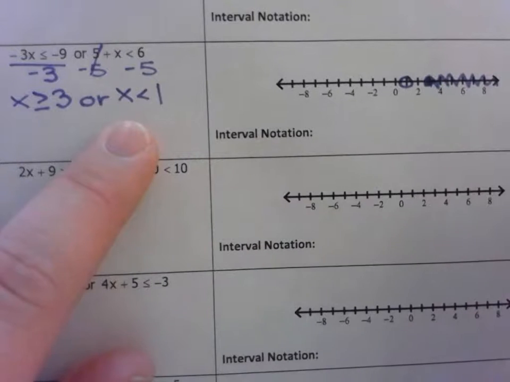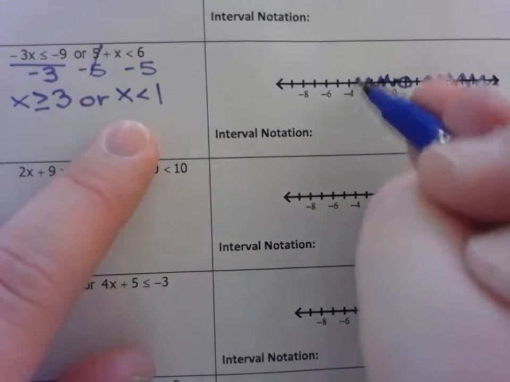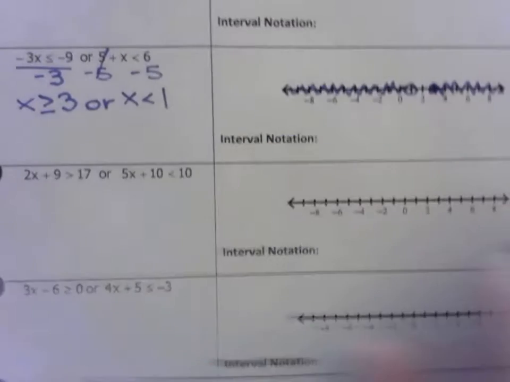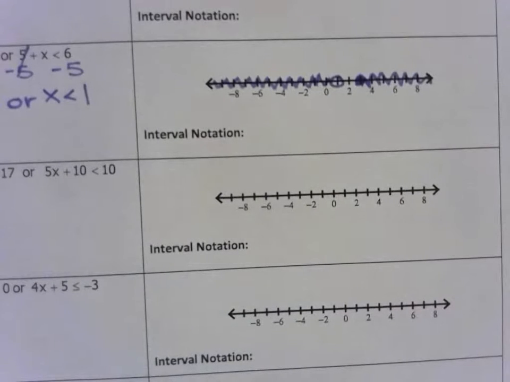Open circle at 1, shade to the left. X is less than, so shade to the left. Or, you're usually going to have it go out in both directions. So nothing different. We're just doing it twice.